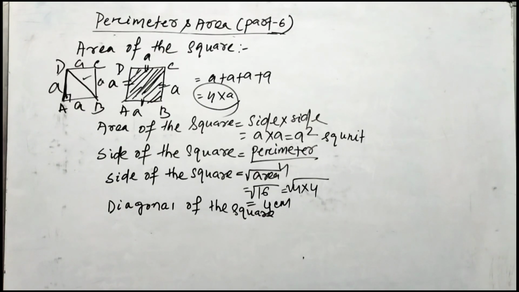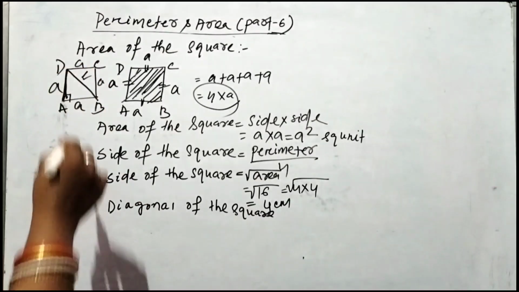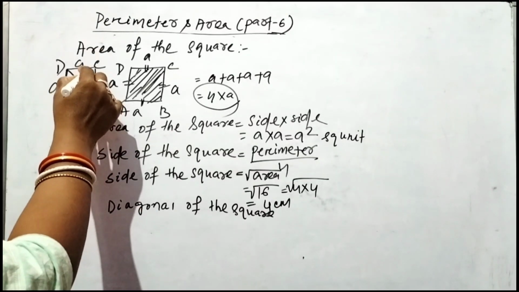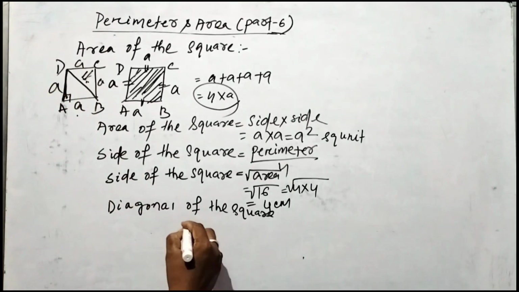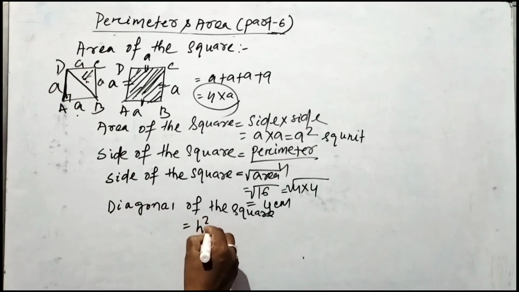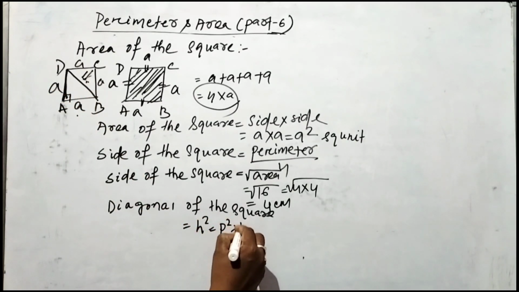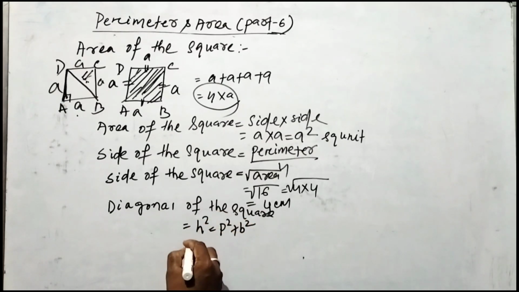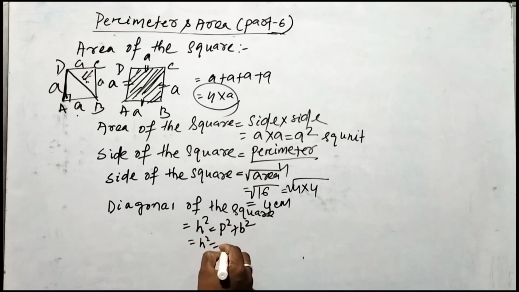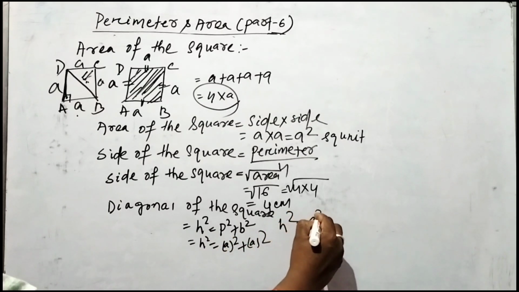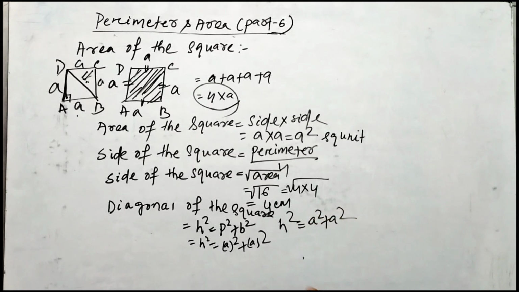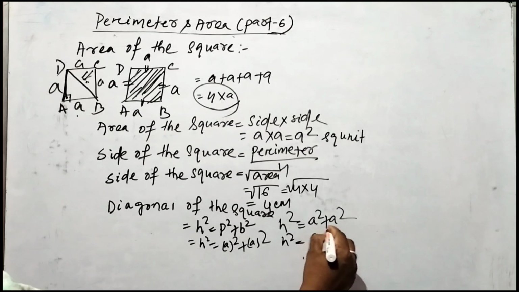That means BD is H. In a right angle triangle, the side opposite the right angle is known as the hypotenuse, the longest side. So H, B, P. H square is equal to P square plus B square. That means H square is equal to A square plus A square, which is 2A square.